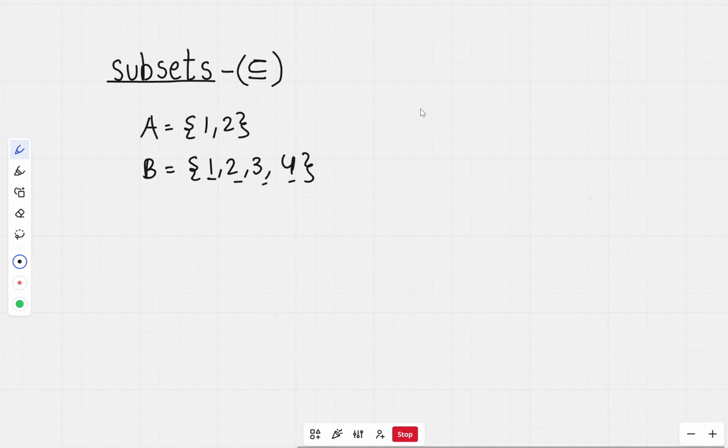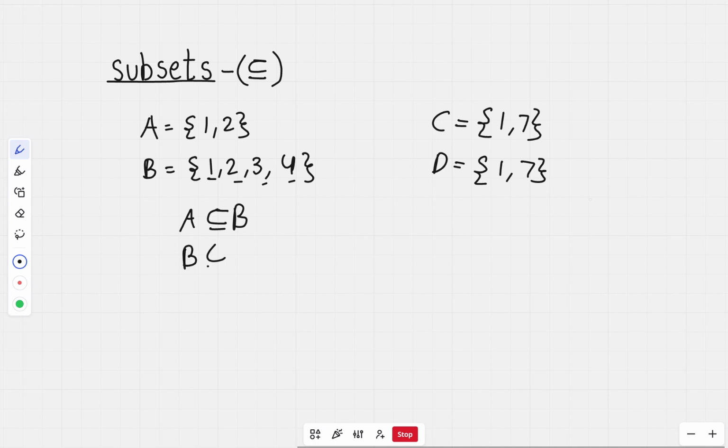Now if we take another example, set C and set D, then set C has example values 1, 7 and set D also has 1, 7. Now we can write A is a subset of B, but B is not a subset of A, because A contains 1 and 2, while B contains 1, 2, 3 and 4.